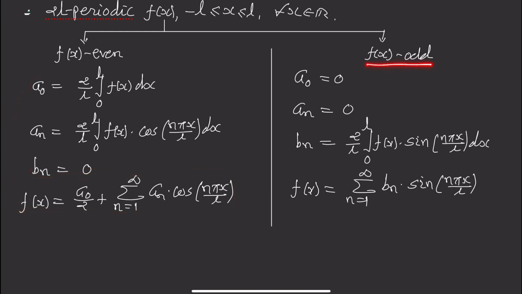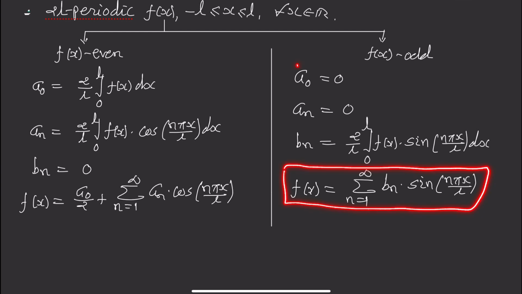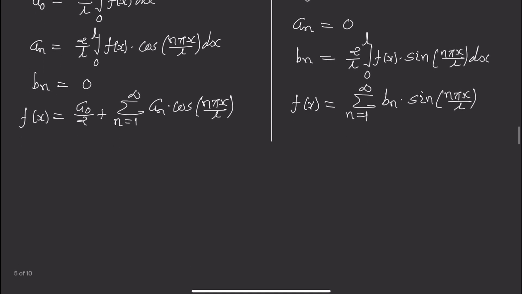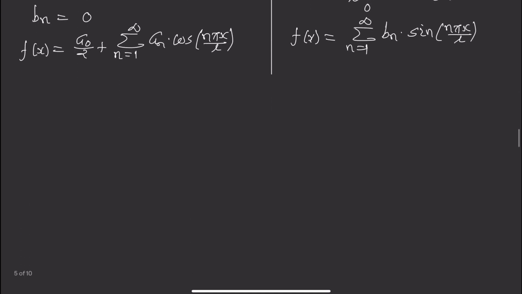Suppose f of x is odd, then what is the Fourier series and which are the coefficients. And the examples of the Fourier series for even functions and odd functions are not difficult. Now let us go ahead.